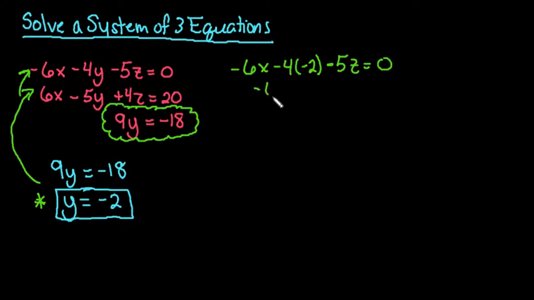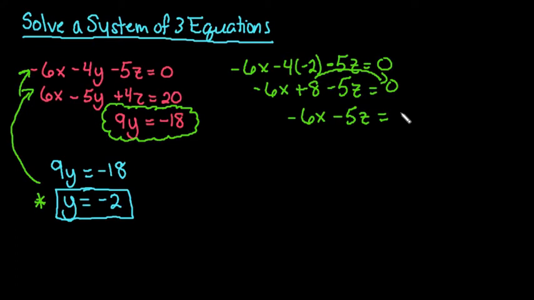So this becomes negative 6x plus 8 minus 5z equals 0. Our next equation is negative 6x minus 5z equals, and we bring this 8 to the other side, negative 8.